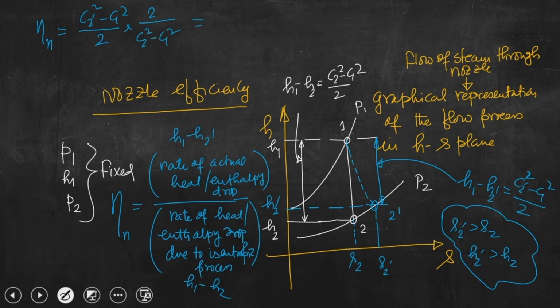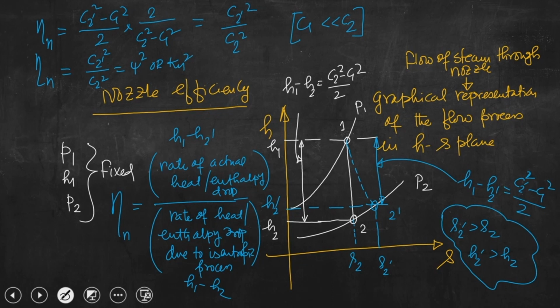So, it is coming like this because we have agreed that C1 is much less than C2. So, the nozzle efficiency eta nozzle is nothing but C2 prime square by C2 square, that is psi square or K_N square.